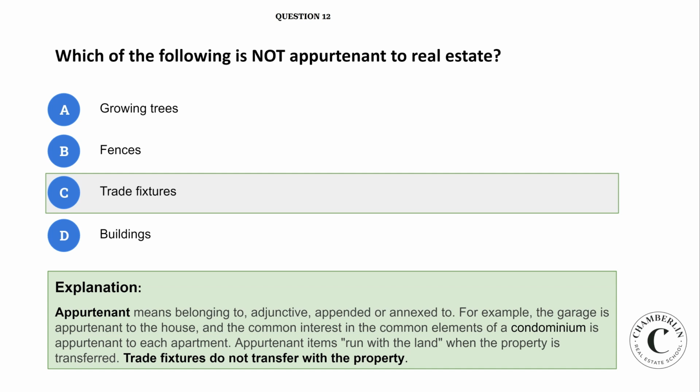For example, the garage is appurtenant to the house, and the common interest in the common elements of a condominium is appurtenant to each apartment. Appurtenant items run with the land when the property is transferred. Trade fixtures do not transfer with the property.